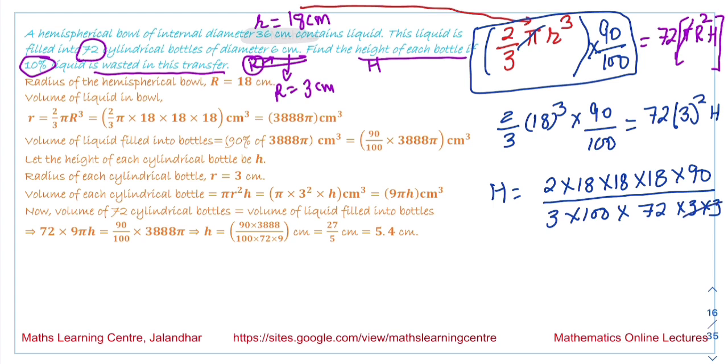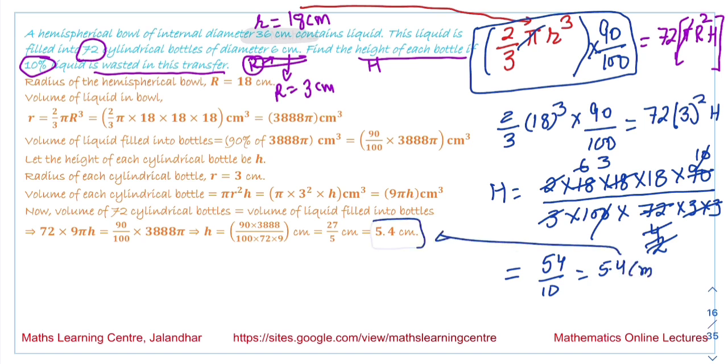So 3 3s are 9, these two get cancelled, we get 10 over here, and these two values get cancelled. Then 3 6s are 18. On solving this, 18 4s are 72. So it is 2 and 3. The final answer we are left with is 54 by 10, which is equal to 5.4 centimeter. So this is the height of each bottle.